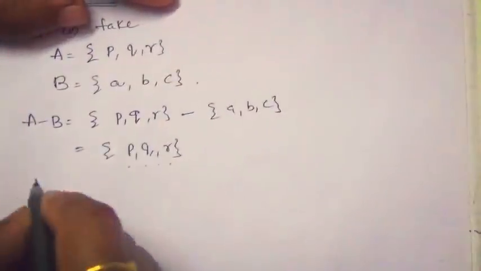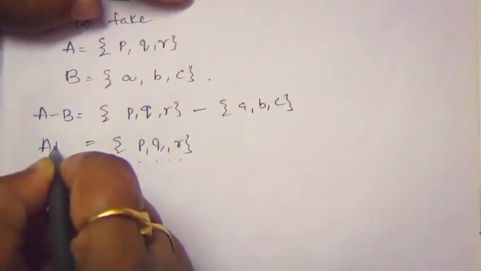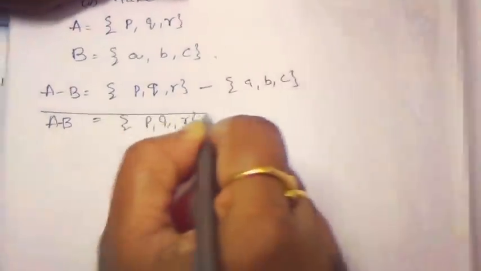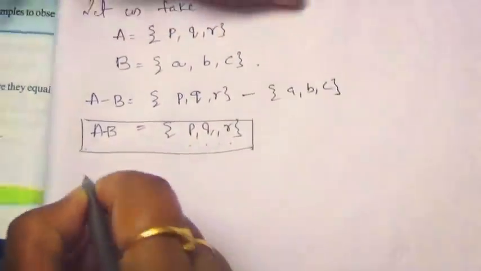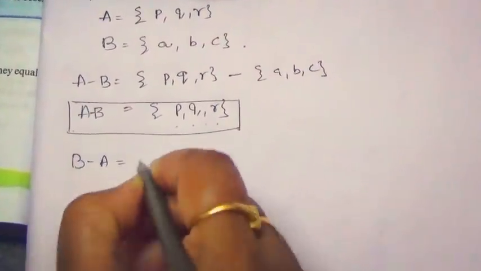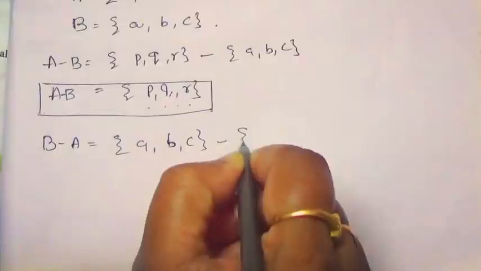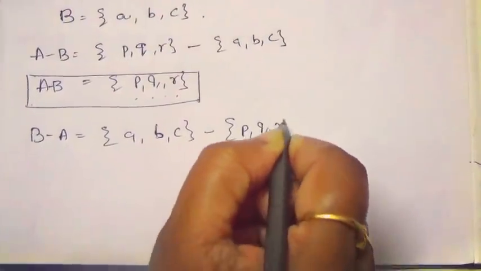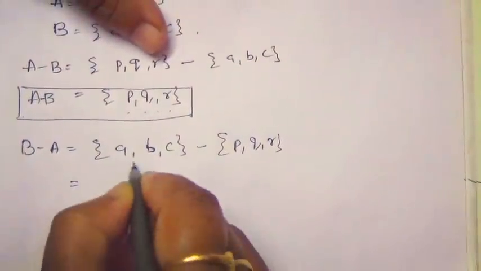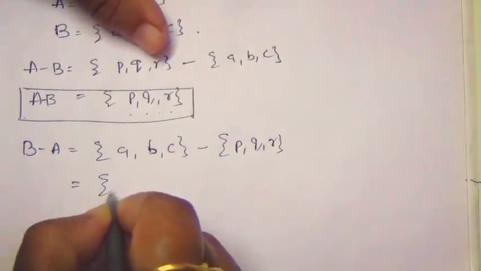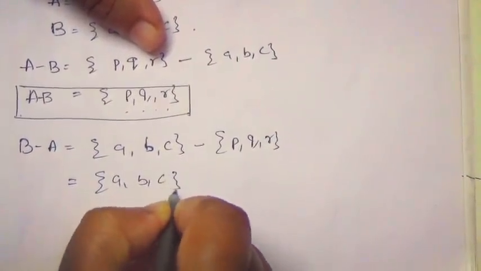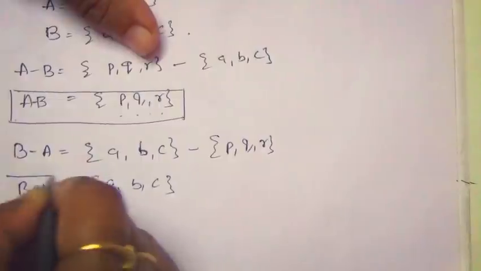Only P, Q, R, right? It is the answer for A minus B. B minus A now. A, B, C minus P, Q, R is equal to. No elements are the same, so we write A, B, C. So the B minus A answer is this one.